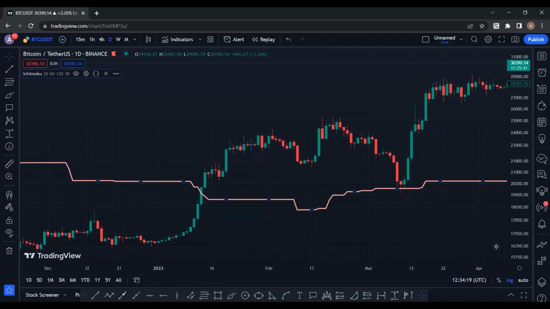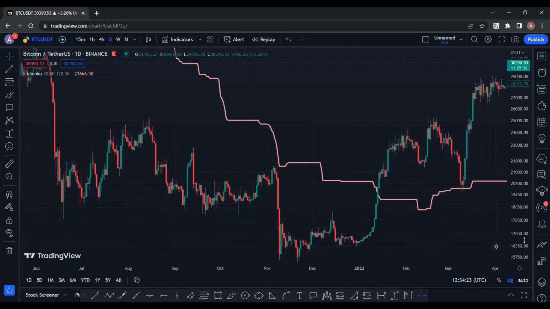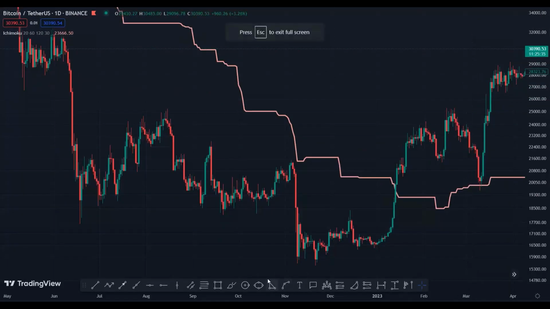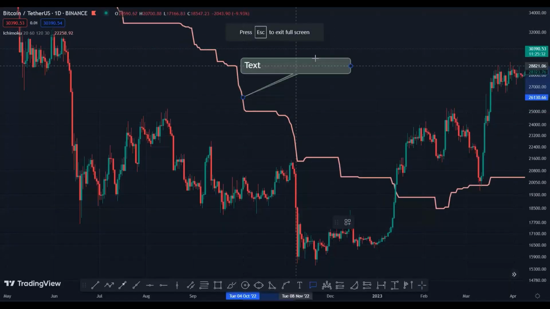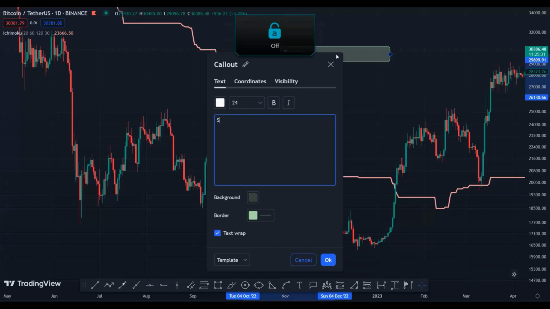So what is the leading span B, or Senkou span B? Let me write it for you here. Senkou span B, or leading span B, acts as a support or resistance.